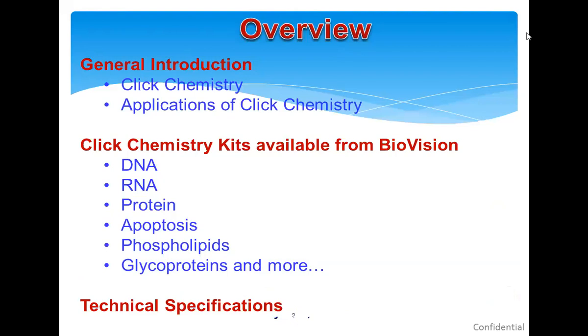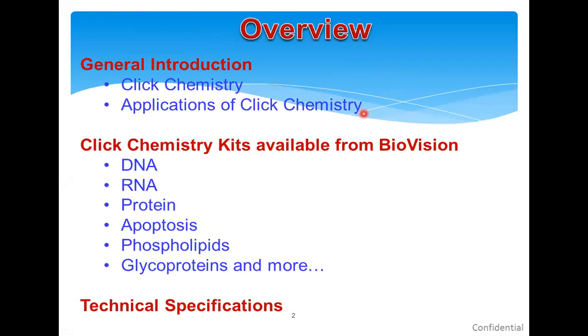Here is an overview. I will give you a general introduction about click chemistry, what's the technical background or the principle for this category, and what the applications of click chemistry are.